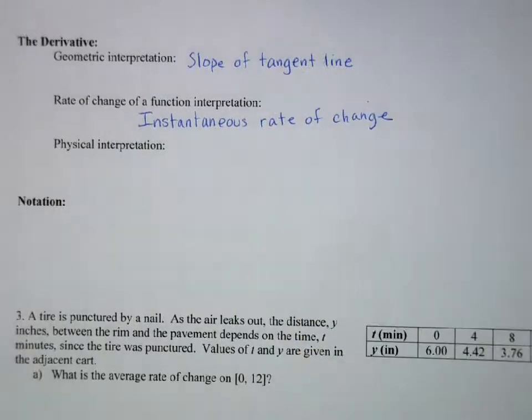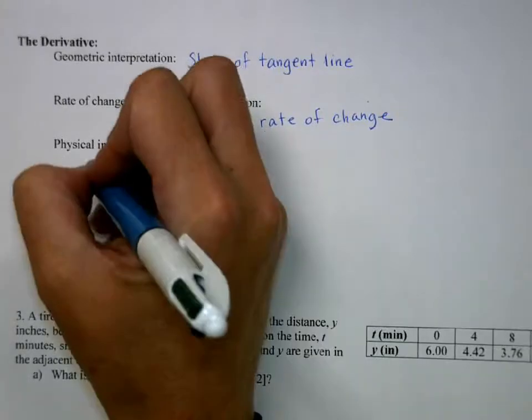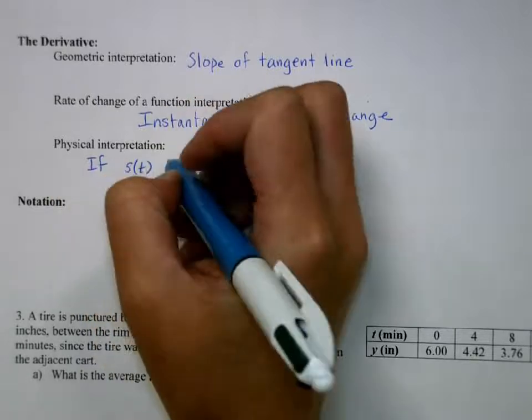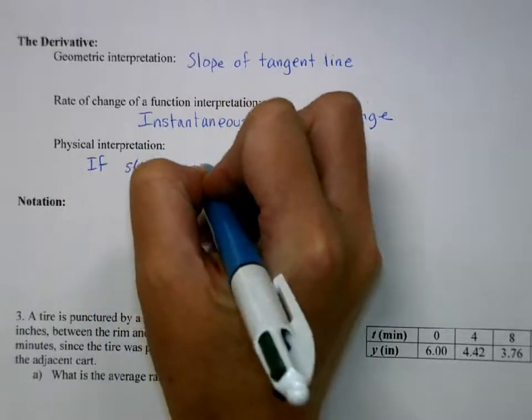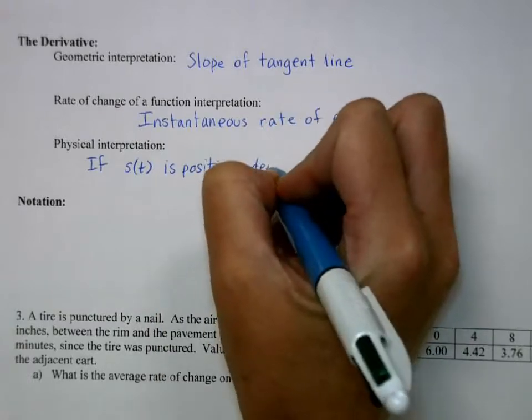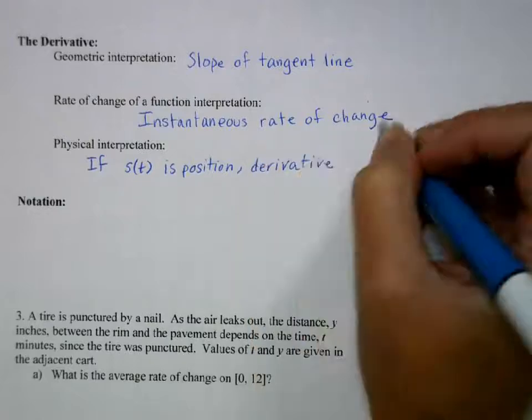So back on my graph, if I wanted to know the speed at the instant when time was 2, that's the derivative, or the instantaneous rate of change. The physical interpretation: if s of t is the position, the derivative is the velocity.